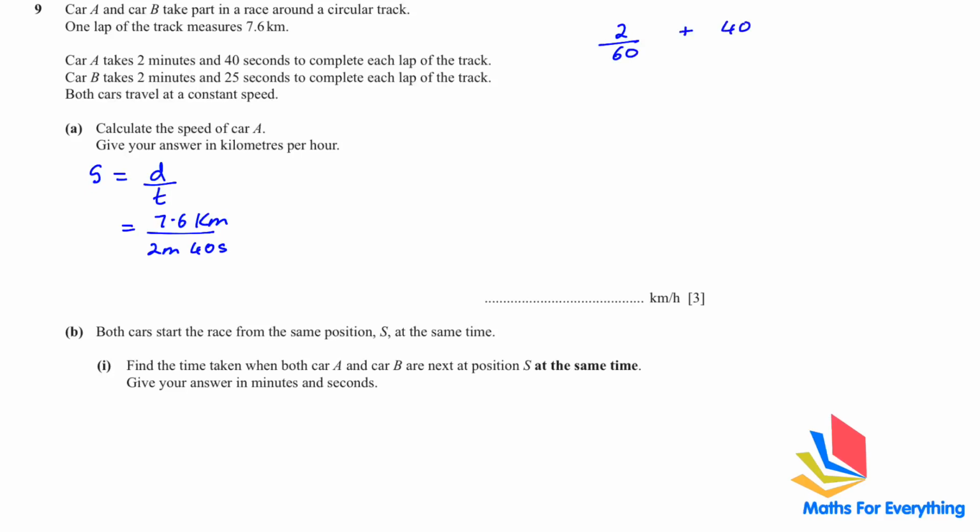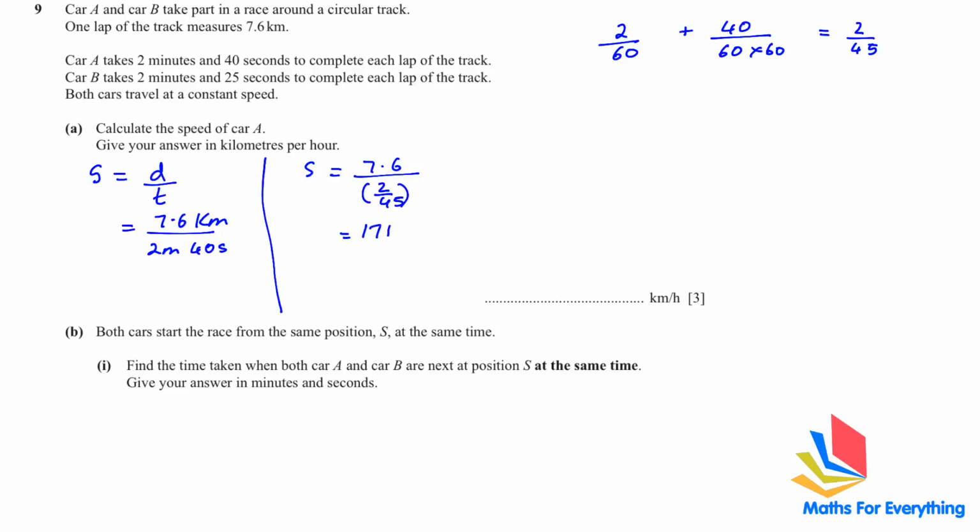And to change the seconds into hours, we first divide by 60 and then by 60 again. So that will give you 2/45. So now that we know our time in hours, we are just going to divide by 2/45.